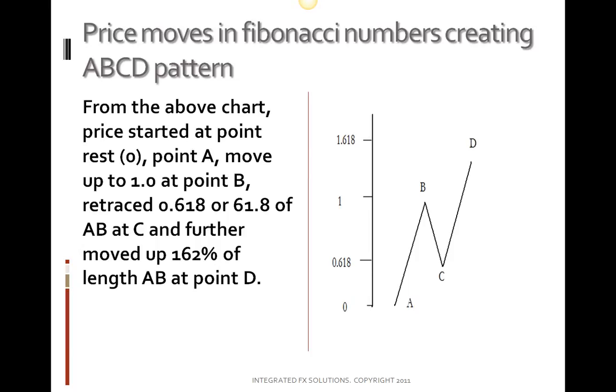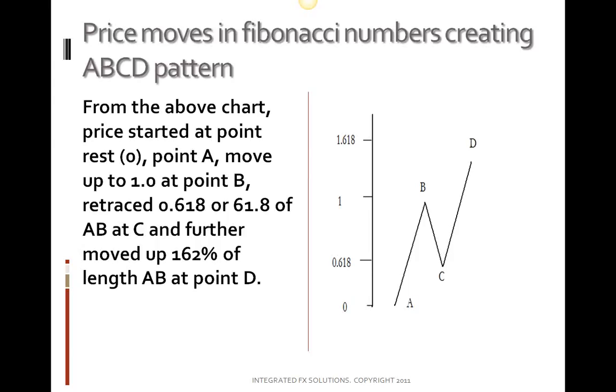Looking at the structure on the right of the chart, price started to move from point A and rallied to point B, that's 1.0. So the movement from A to B is 1.0. Now once price moved to B, remember it will retrace.